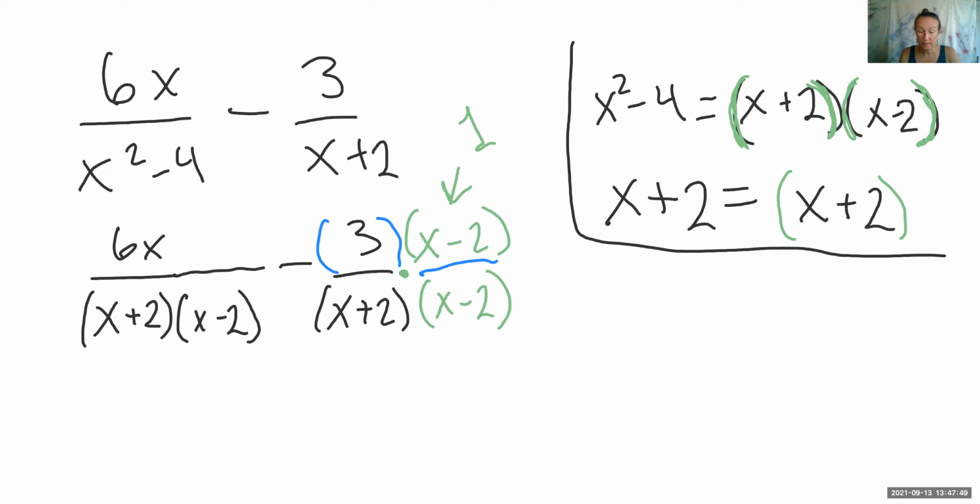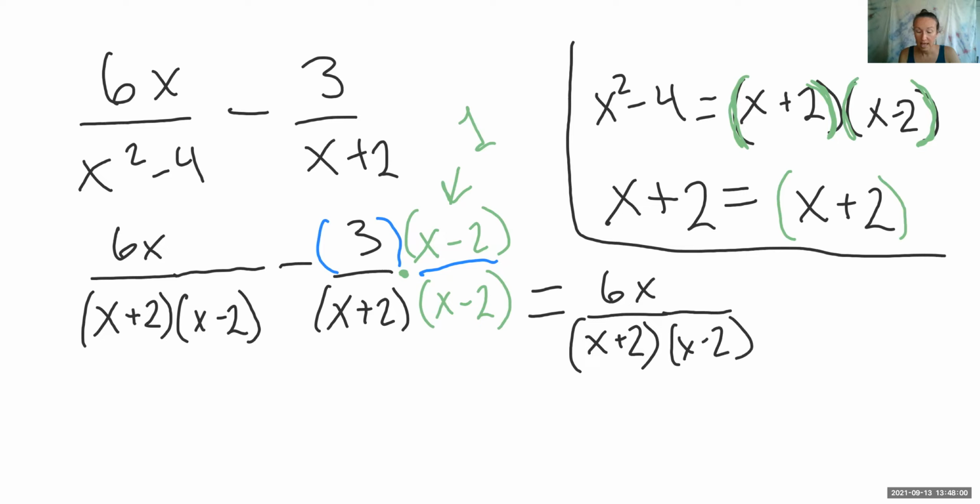So this whole thing is going to equal, we've still got our 6x over x plus 2 times x minus 2. Okay. And then our second fraction now is going to be our numerator. We've got a 3 times an x and a 3 times a minus 2.